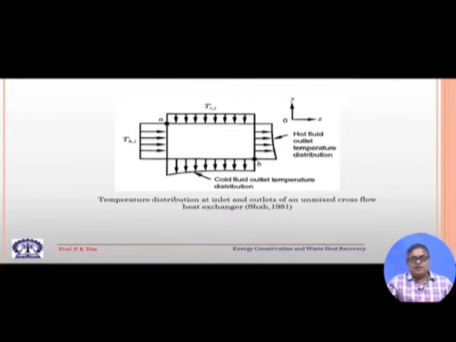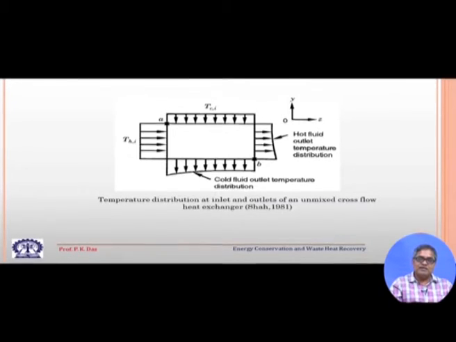So, these three types of heat exchanger which I have described are the basic types of heat exchangers, or rather the basic flow arrangements in heat exchangers. In many heat exchangers, we will find a combination of these three basic directions of flow. So, that is one thing we have to keep in mind.